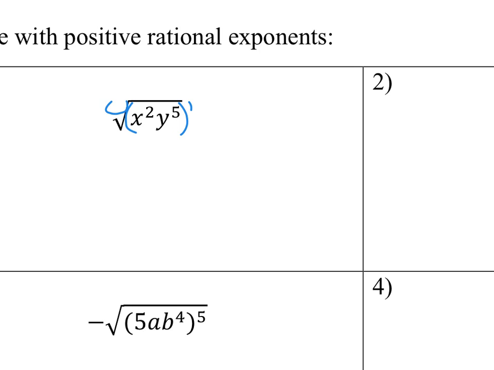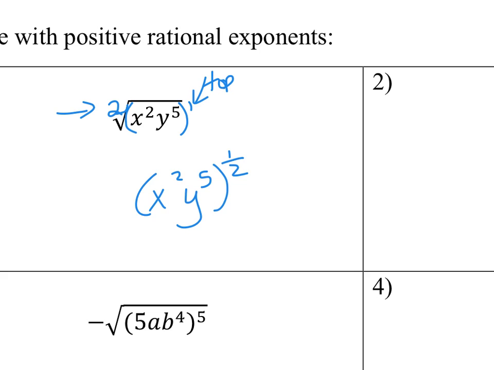Note whatever the index is. Since there is no index written there, we know that it's a 2. Always know that. So this one can be simply written as this. Remember, this one is inside, so it goes on top. And this one is outside, so it goes on the bottom.